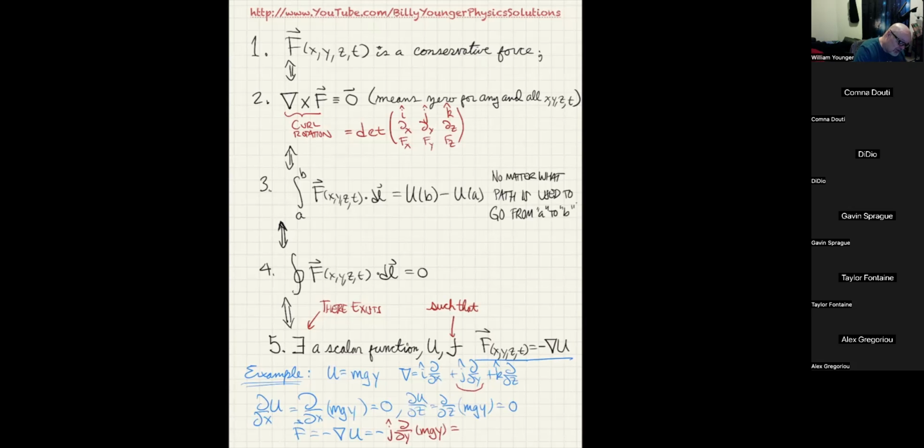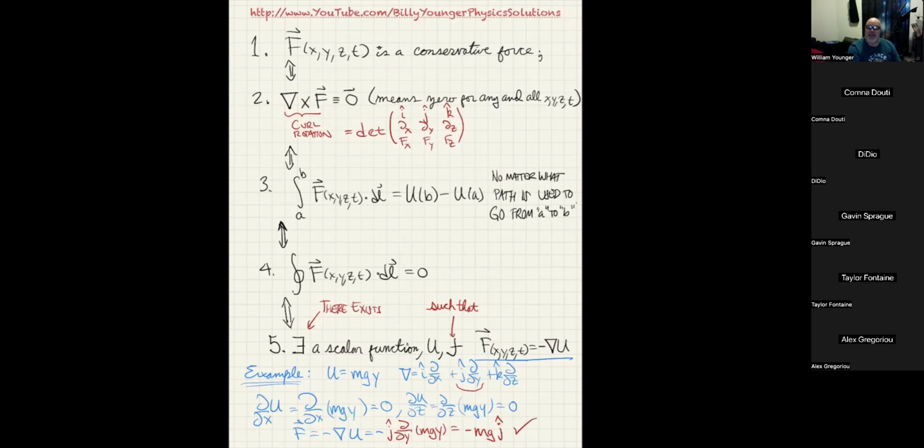Can anybody tell me what the derivative of mgy with respect to y is? mg. Exactly. So you're now going to get negative mg, and lo and behold, it's even wise enough to know that it points in the negative j hat direction. Booyah. Okay.